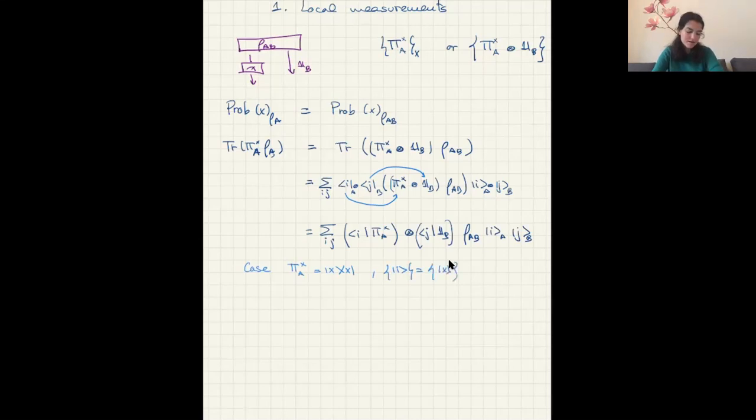In the cases where this projector is actually a sum over X's, we can apply the same analysis. Everything is linear, everything goes through, but it's just a bit more annoying to look into here.